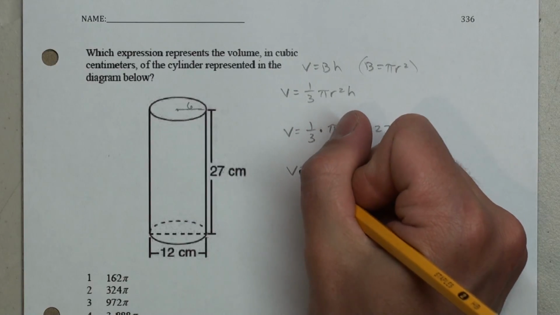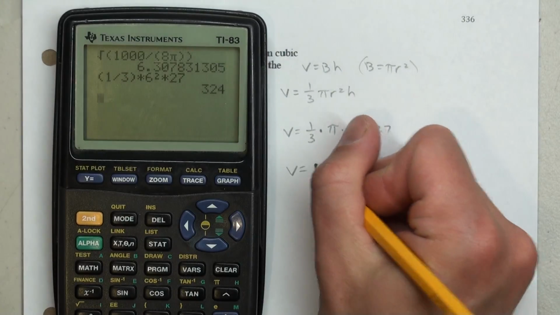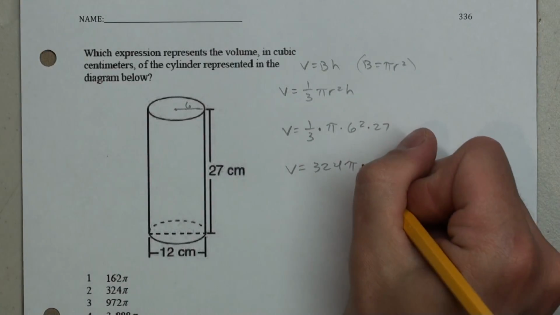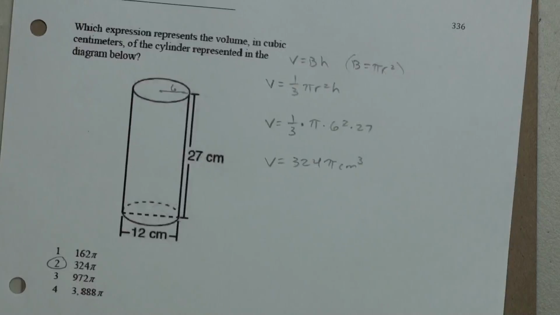In terms of pi, 1/3 times 6 squared times 27, 324 pi centimeters cubed. Choice 2.